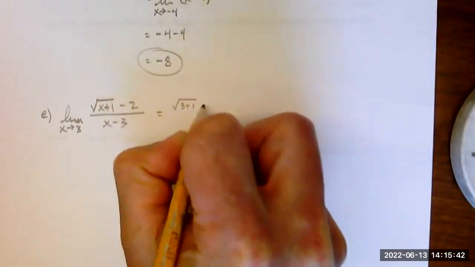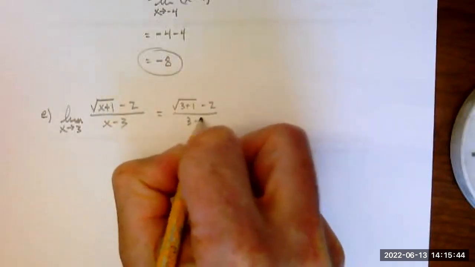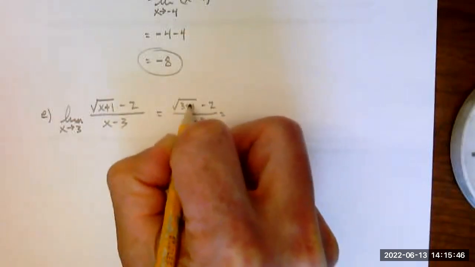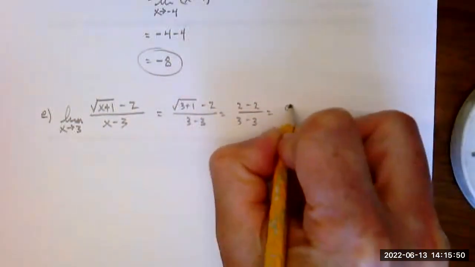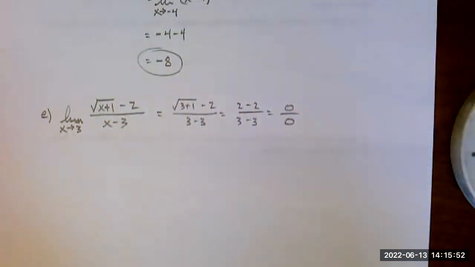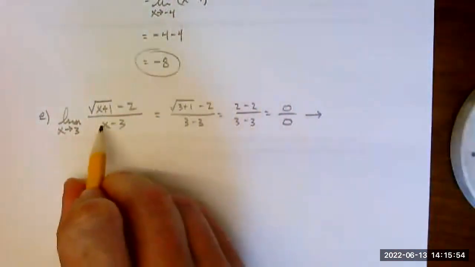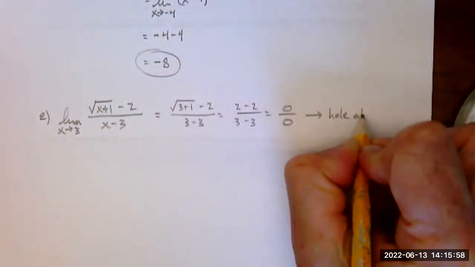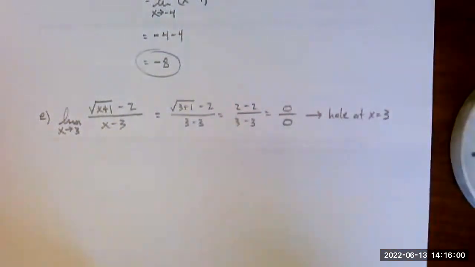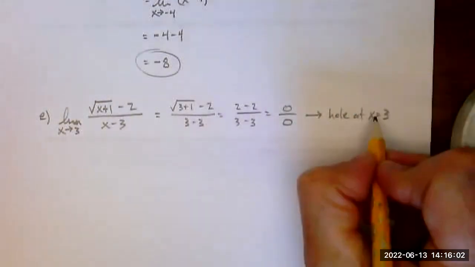Three plus 1 is the square root of 4, minus 2, over 3 minus 3. 0 over 0, right? So with the square root, we know there's a hole again, at x equals 3.